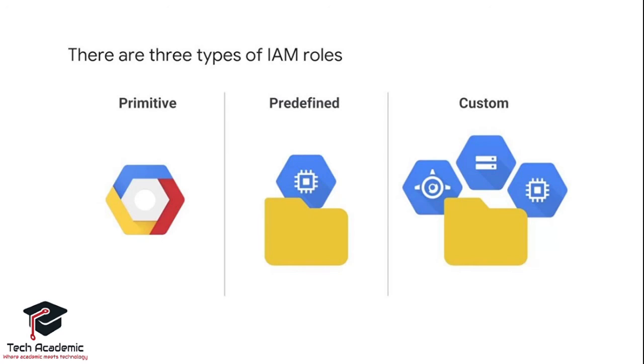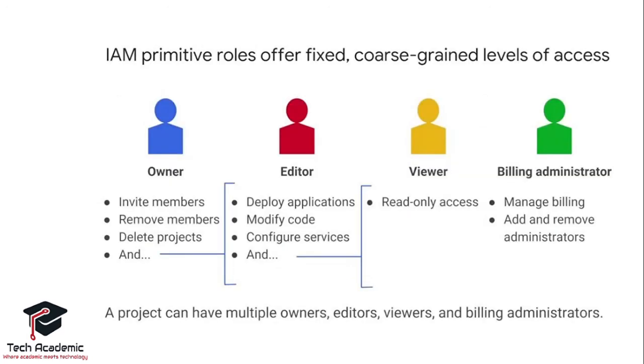For example, maybe I want to define an instance operator role to allow some users to stop and start Compute Engine virtual machines. So we can go with the custom role and it allows me to do that. So that's all about the IAM roles defined by Google Cloud.